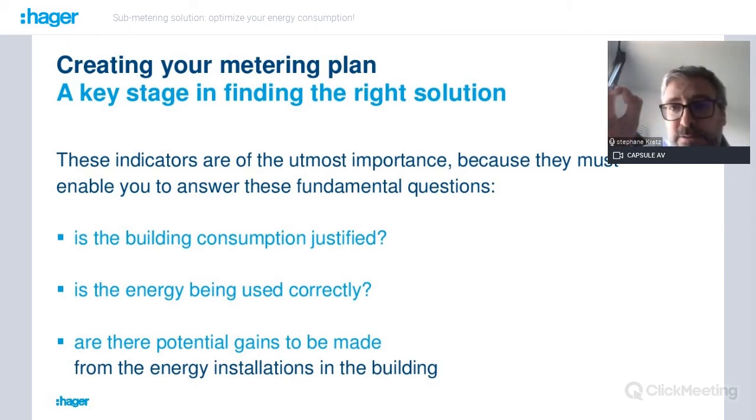That means a meter, perhaps 40 amps for one departure dedicated to lighting for one office. It's possible. So the meter I define is linked to which usage I want to monitor.